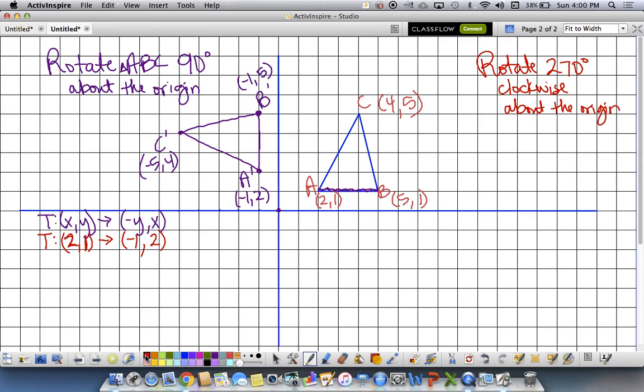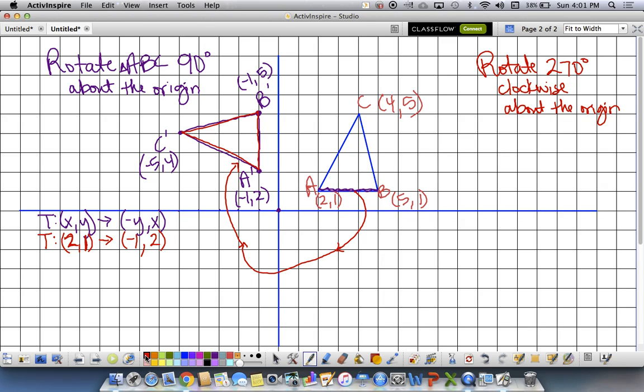Okay. Is this triangle rotated 270 degrees clockwise about the origin in the exact same place as the triangle that was rotated 90 degrees counterclockwise? So clockwise 90 degrees is going to be in this quadrant, 180 degrees will be in this quadrant, and 270 would be in that quadrant. Okay, it's just changing quadrants where they're going to be.